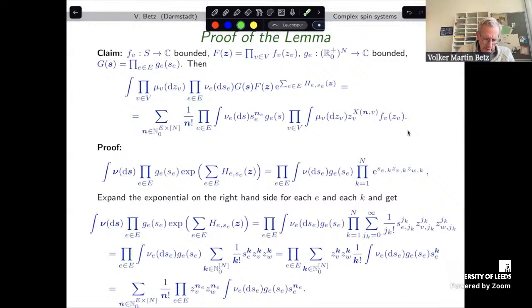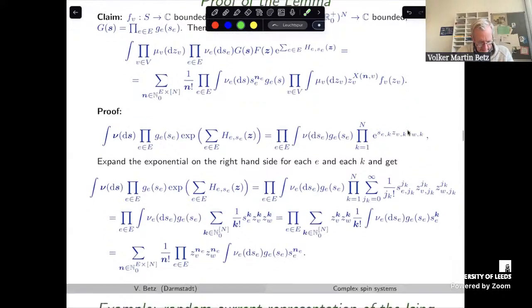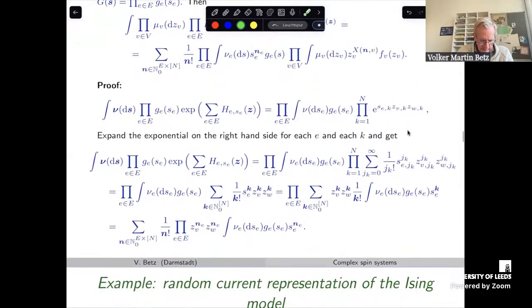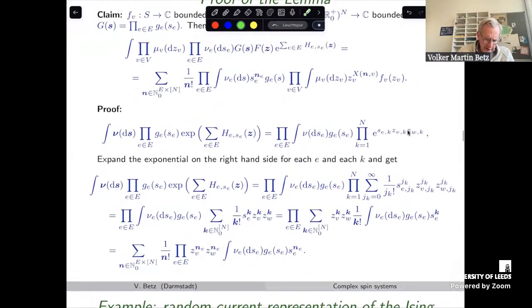It has the 1 over n factorial here, and it has these guys here. And what you do is relatively simple. First, you fix all the z, and you just look at the kind of generalized Boltzmann factor. So this would be the Boltzmann factor without this g, but with the g is again something else.